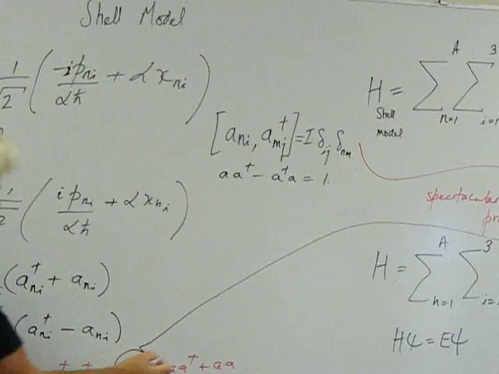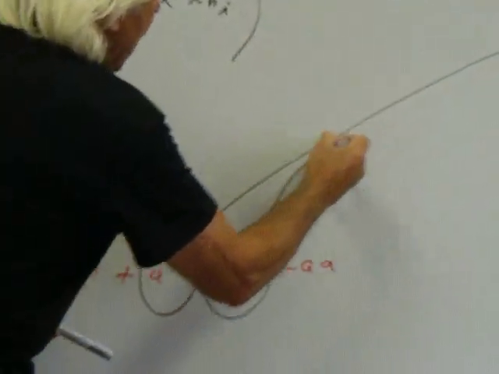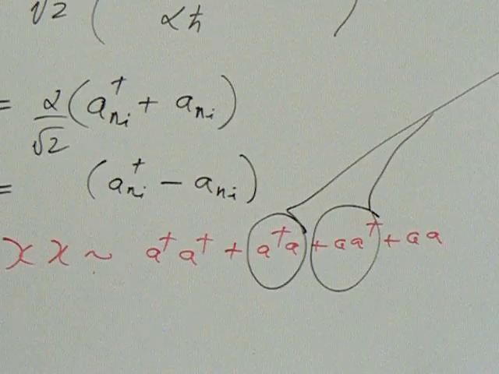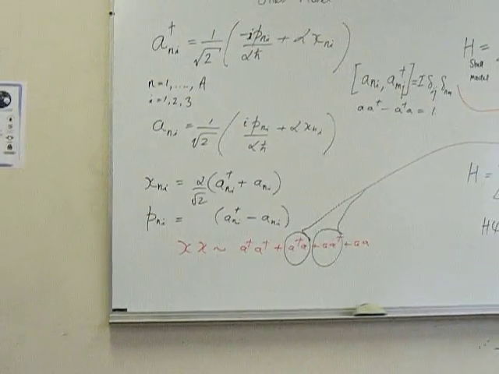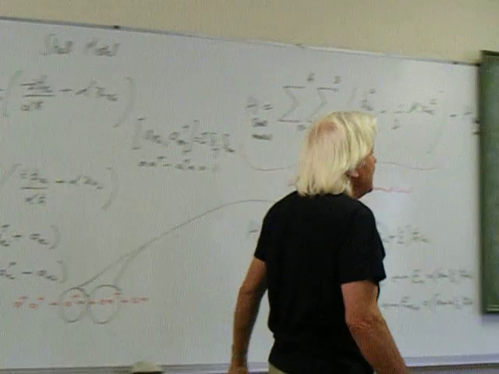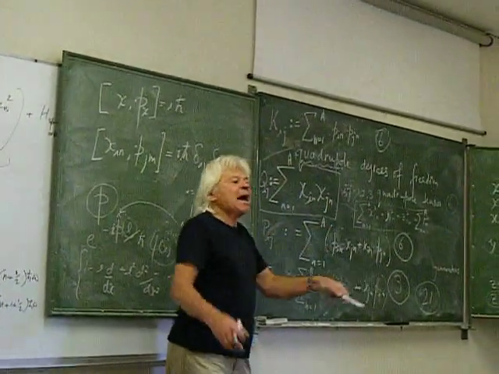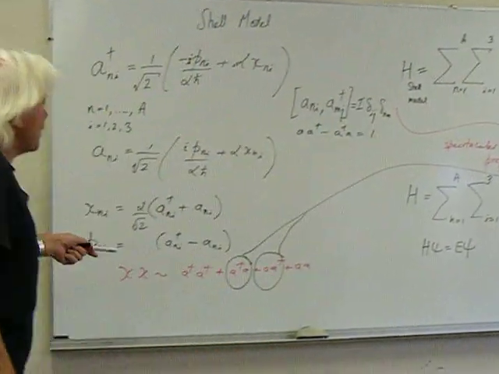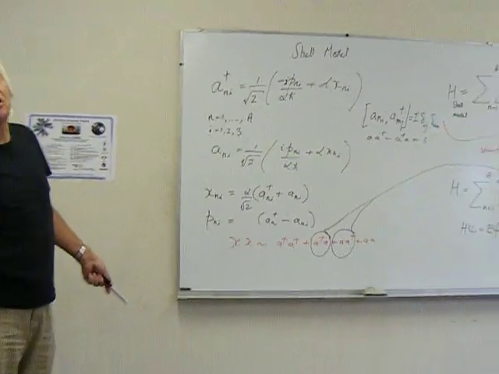And so that also is tied to the Hamiltonian plus a constant. And you say, fine, this operator actually has a toehold, a footprint in the Hamiltonian for the shell model.